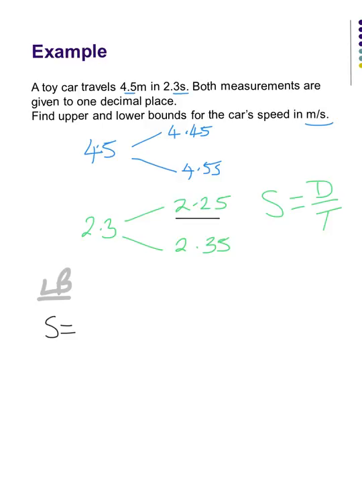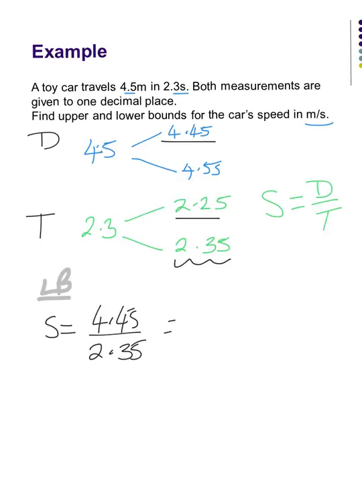This is my distance here, and this is my time here. So my smallest distance is going to be 4.45 over the largest time, divided by 2.35. If I work that out, I've got 4.45 divided by 2.35, which is 1.89 metres per second.